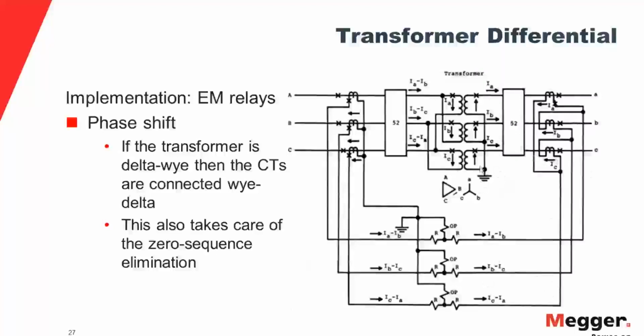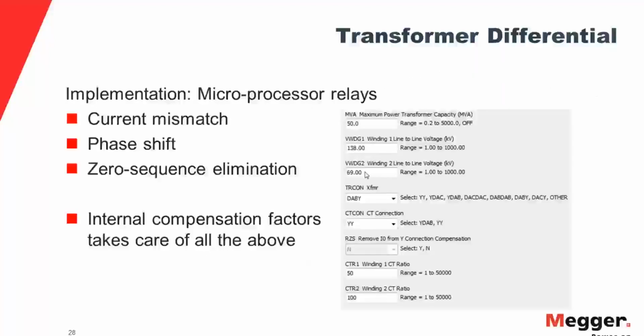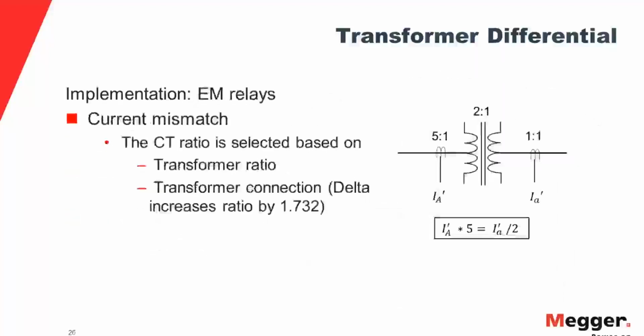If you look at this picture, you can see the transformer here is connected delta Y. So one of the techniques that you can use to prevent the phase shift and also to prevent the transformation ratio mismatch, with the delta side being 1.732 times higher than the Y side, you can connect the CTs of the delta side of the transformer in Y, and the Y side of the transformer, you can connect the CTs in delta.